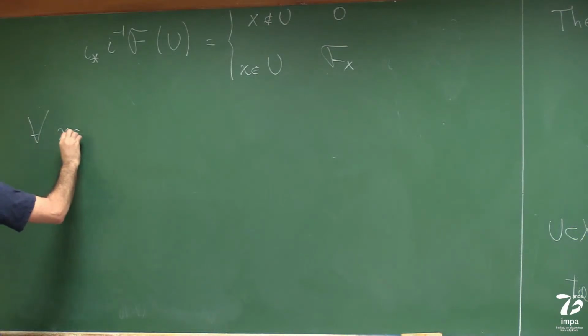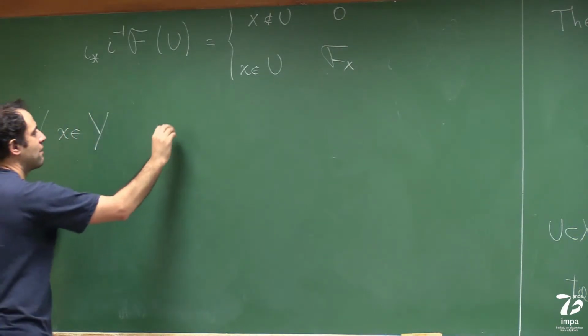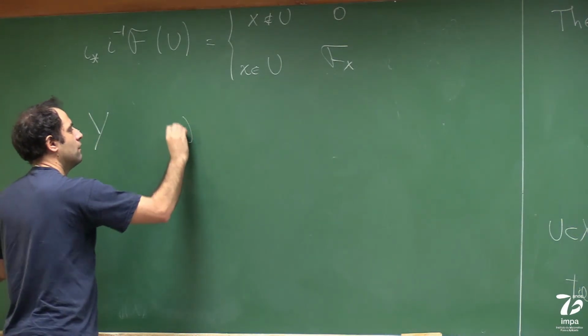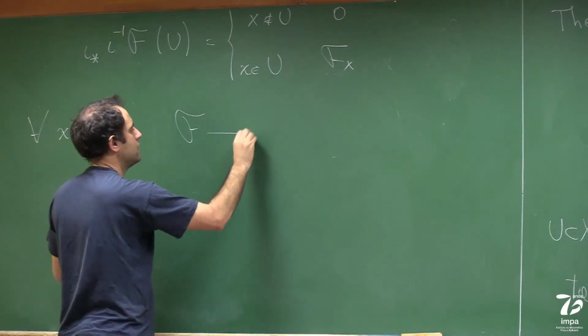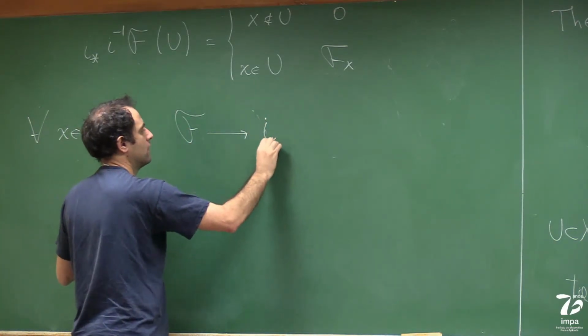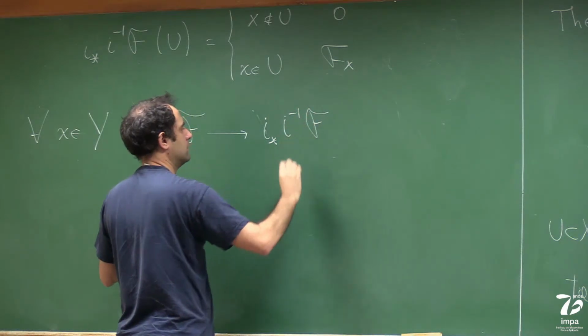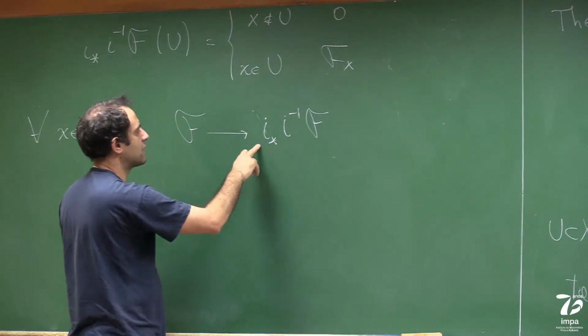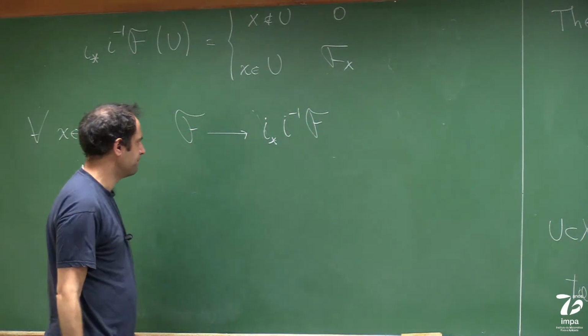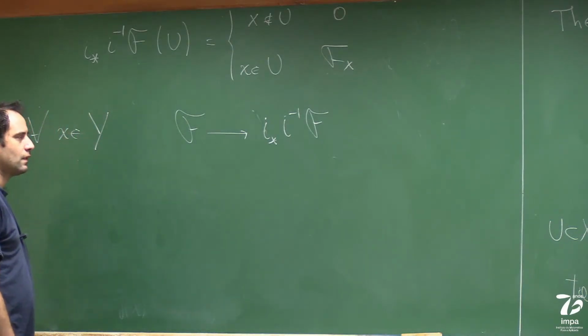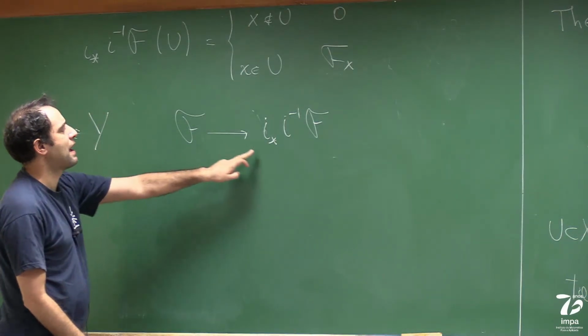So for every point X in my space Y, I have a map ι_x from my sheaf F into this push forward of the pullback of F. This ι depends on X.